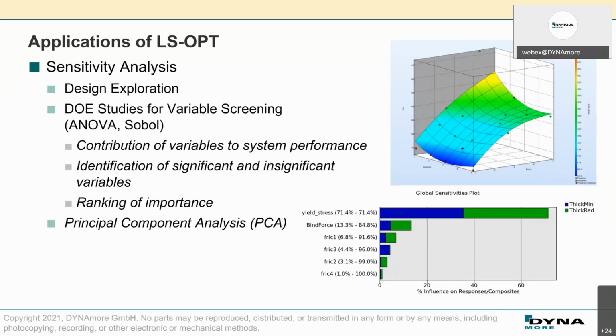But sensitivity analysis is also a useful tool to get just a better understanding of your model without running optimization afterwards. So this is also possible. A new feature in LSOpt version 7.0, and I will go into detail later on, is principal component analysis as a new sensitivity measure.